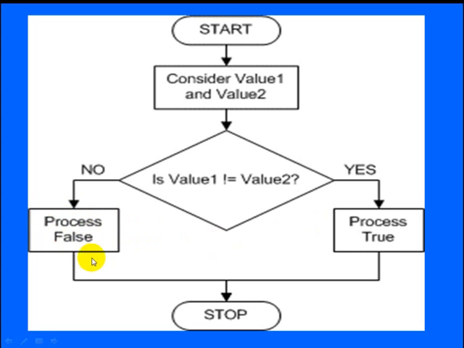So execution of the first set of instructions or the second set of instructions depends upon the condition. If this condition evaluates to true, then one set is executed and the other is skipped, and if this condition evaluates to false, then the second set of instructions gets executed and the other one is skipped.